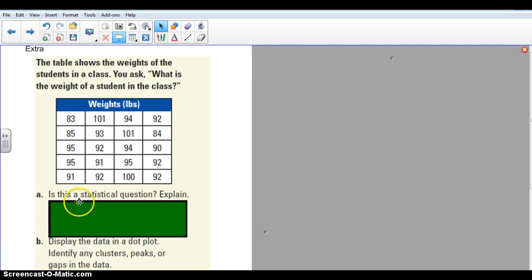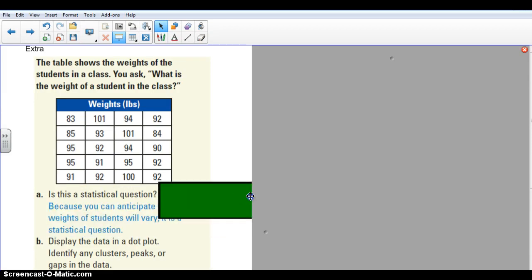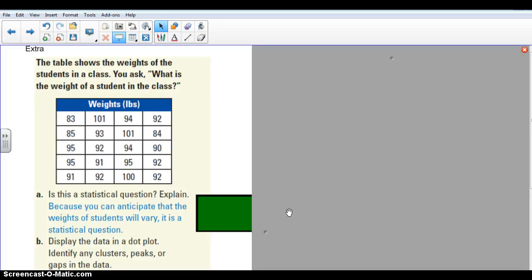Okay, the first question for you is this a statistical question? It is a statistical question, so the answer is yes, because you can anticipate that the weights of the students will vary. In other words, you know that people are going to give you different information and it can be put on a dot plot.